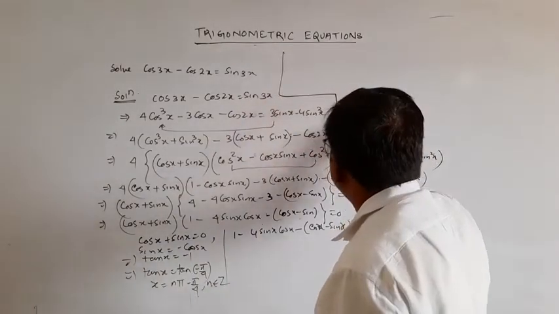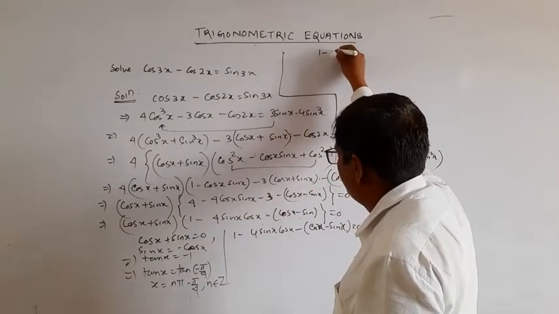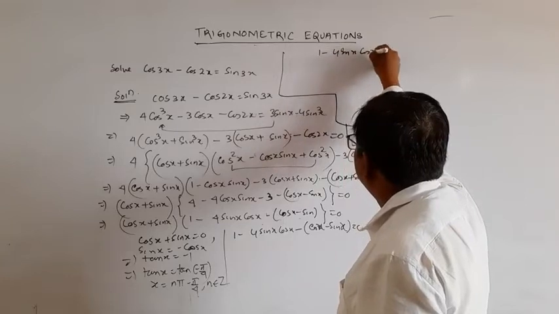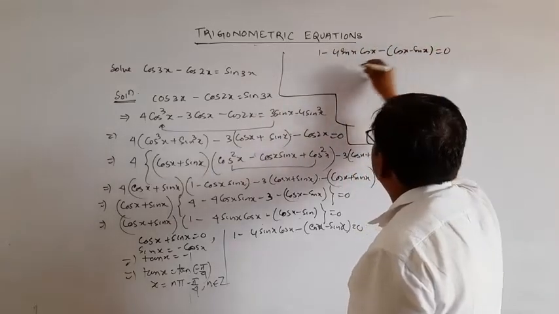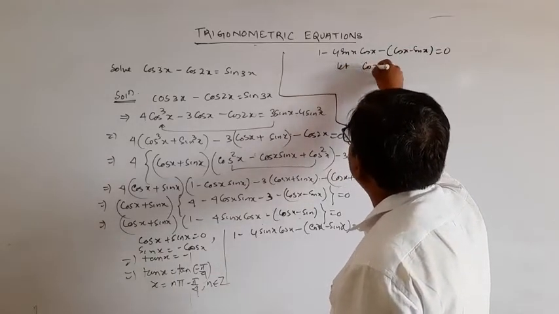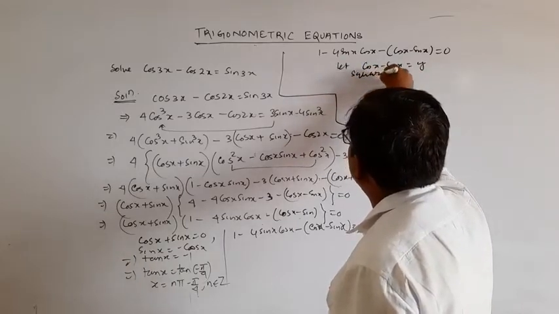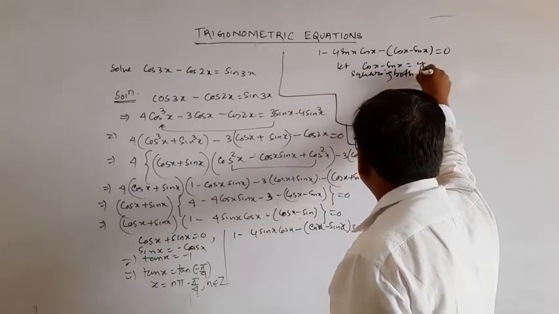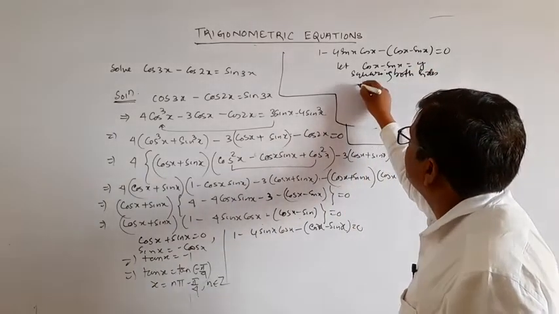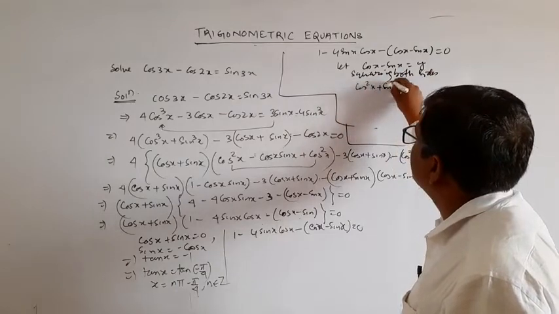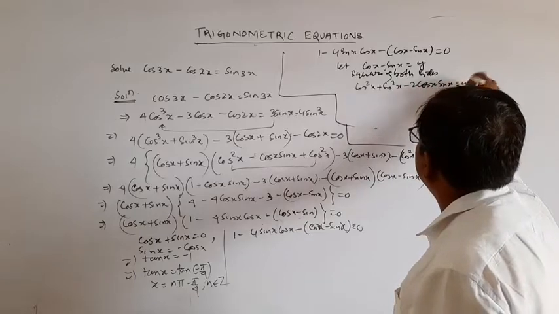Now for this part, what is here? 1 minus 4 sin x into cos x minus sin x is equal to 0. Let cos x minus sin x be y. Squaring both sides, what happens here? That is cos square x plus sin square x minus 2 cos x into sin x is equal to y square.